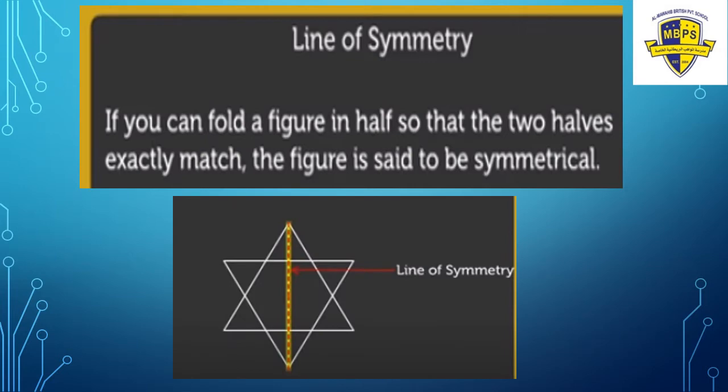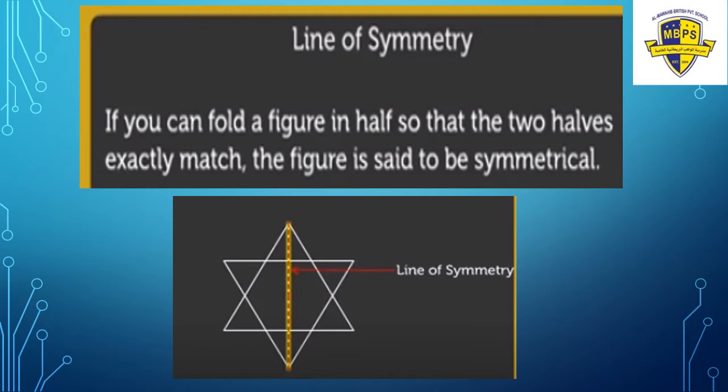Students, in the last lesson we studied what is line of symmetry. Can you think and tell me what is the meaning of line of symmetry? Very good. A line of symmetry divides a shape or an object into two halves, and the two halves are mirror images. Okay, they are just the same.